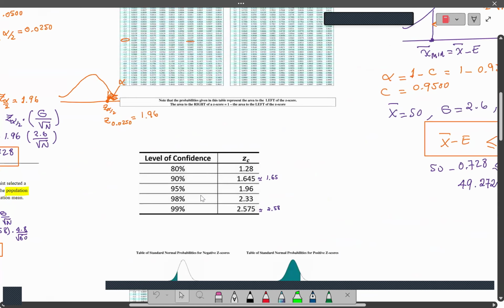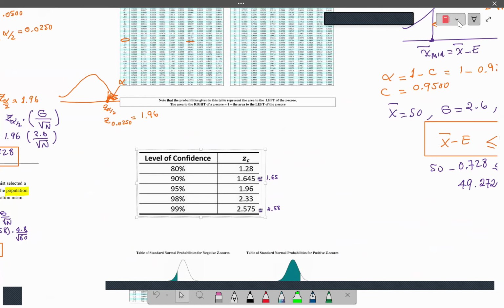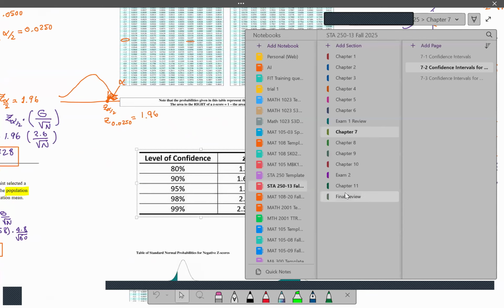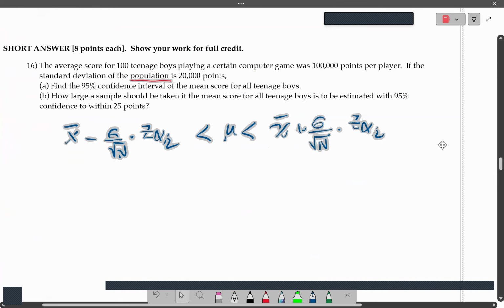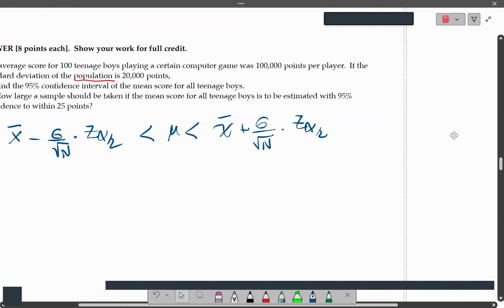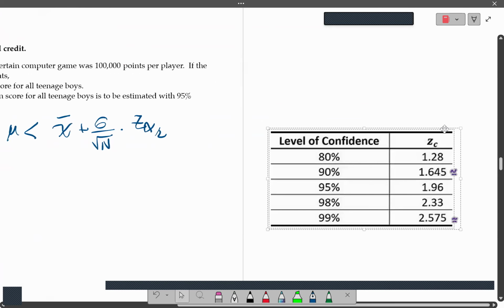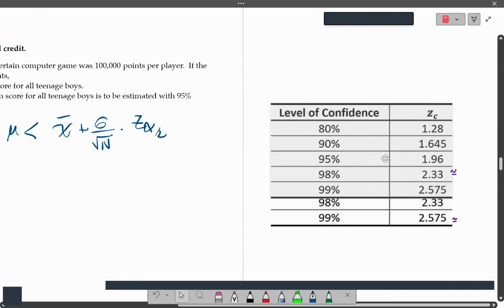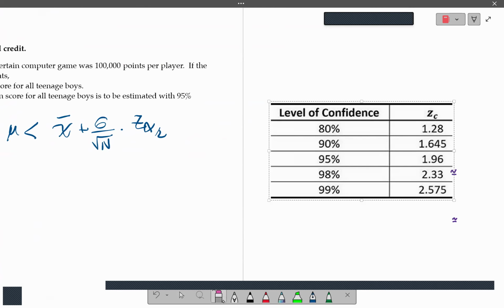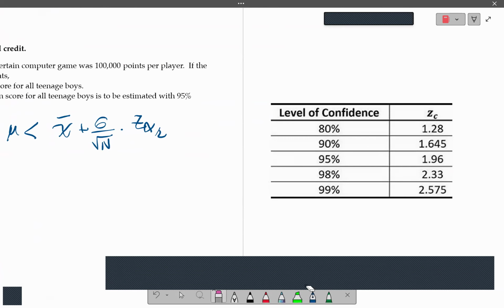I'm talking about this table. Every time you have the confidence interval, you don't have to go all over the place looking for the z value on the big table. You should have this small table, and this simplifies your life.